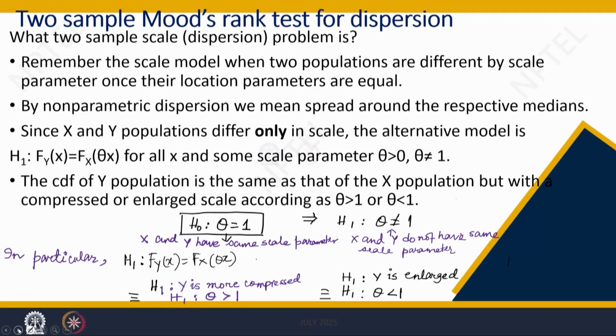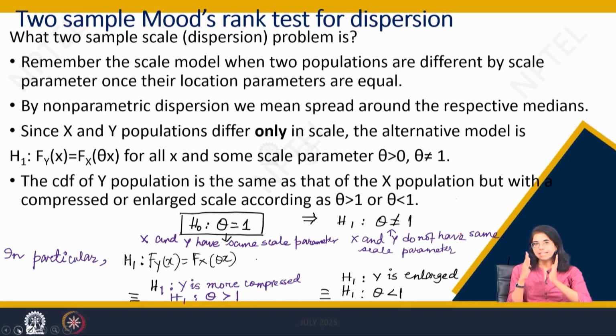So far, whatever we have discussed is the 2 sample problem related to location. So we have done the Wilcoxon Mann-Whitney test, and we have discussed the median test. Now the next concern will be the two sample scale test. That means two distributions are there.